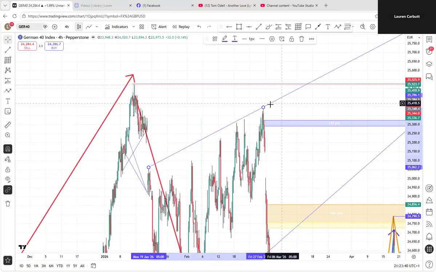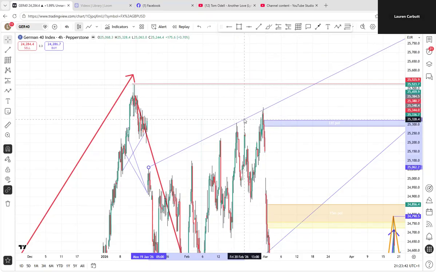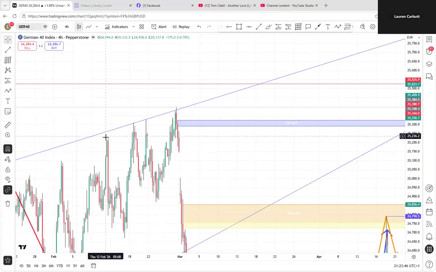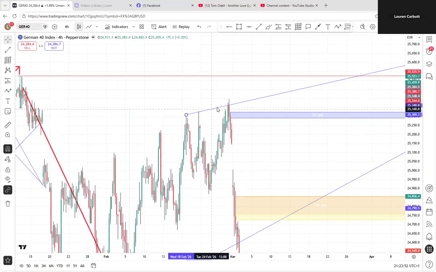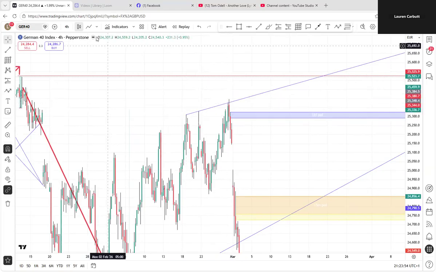I think the trouble with me is I set something up and then don't really understand it fully, and then I start seeing it reverse, and that's when I go into a little bit of panic, thinking, is it going to reverse and take me out?